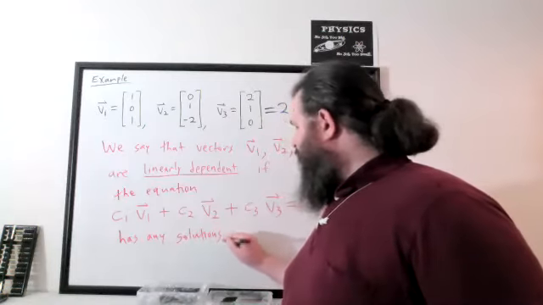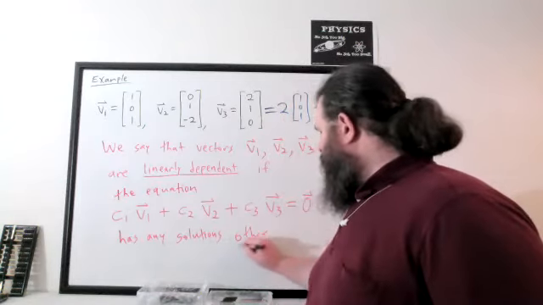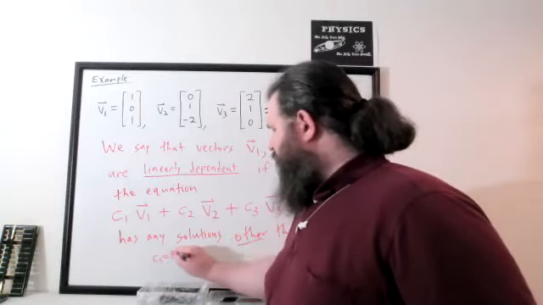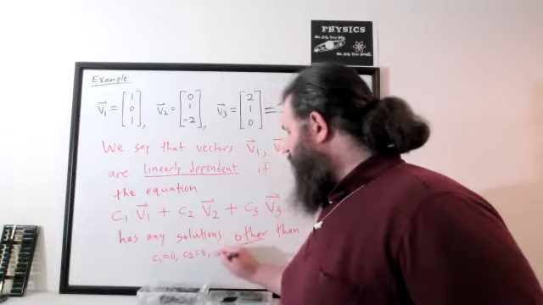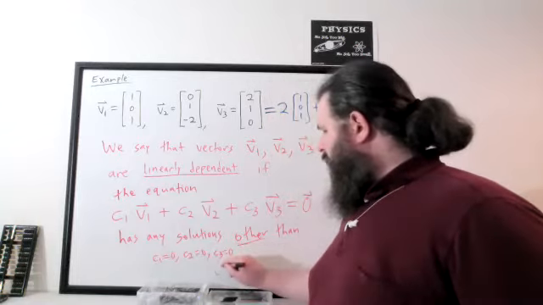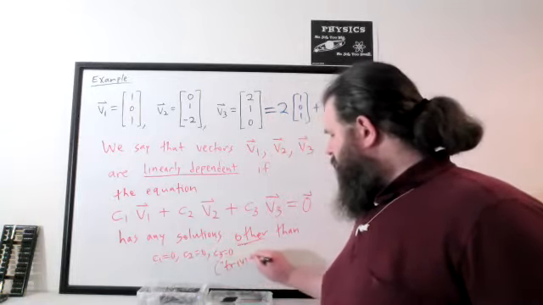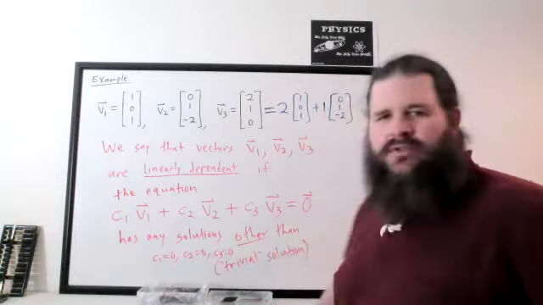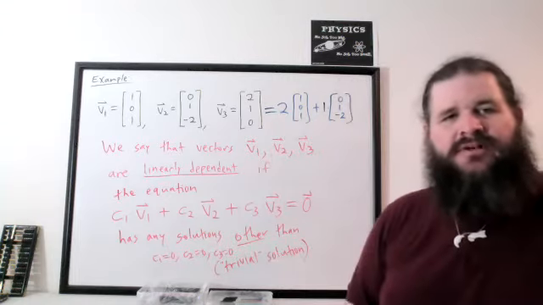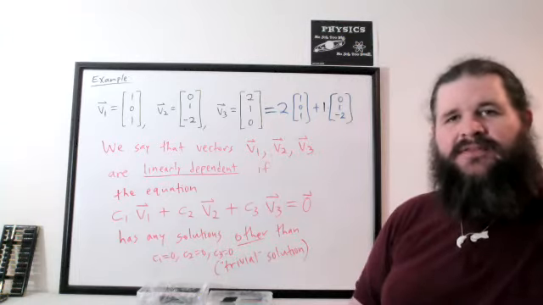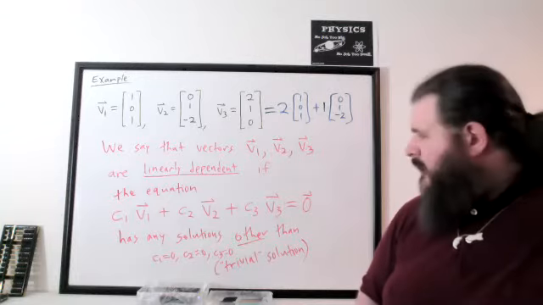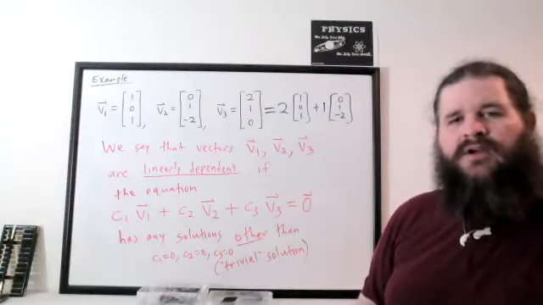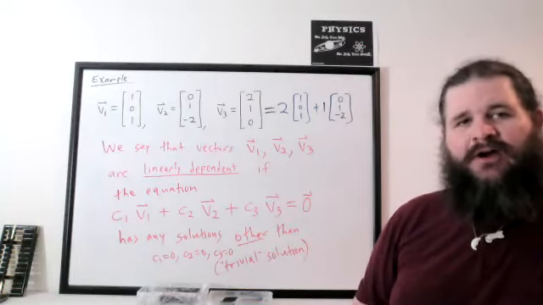So we want to know, does this have any solutions other than C1 equals 0, C2 equals 0, C3 equals 0, which we usually call the trivial solution. Trivial solution means, yeah, technically this is a solution, but it doesn't really tell us anything special about this system, this situation. So all the C values being 0 always works. We want to know, are there any other ways to make these add up to 0?